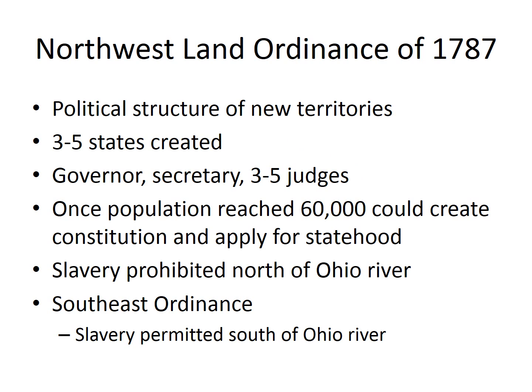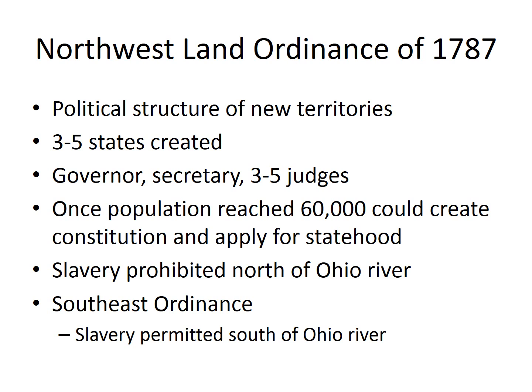Originally, while it's still a territory, each territory will have a governor, a secretary, and 3 to 5 judges. Once the population of that territory reaches 60,000, the state is then allowed to devise its own constitution and then apply for statehood.